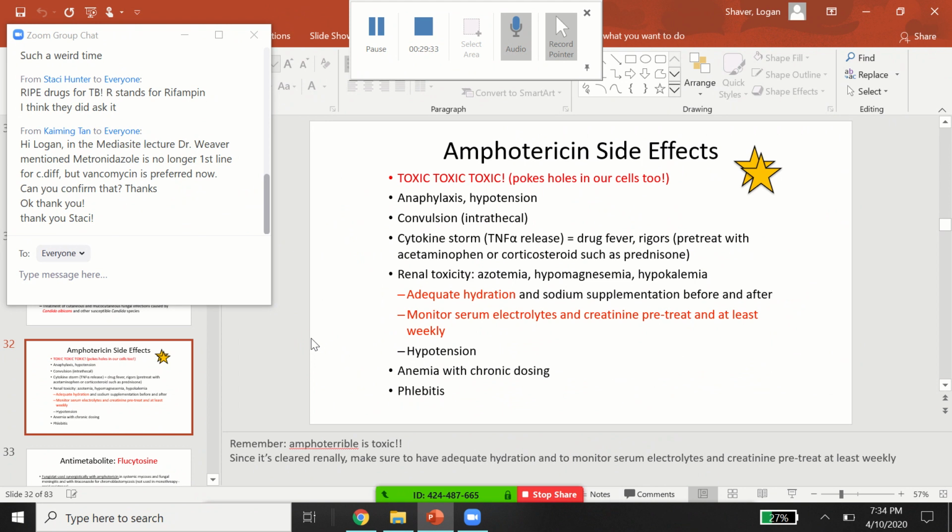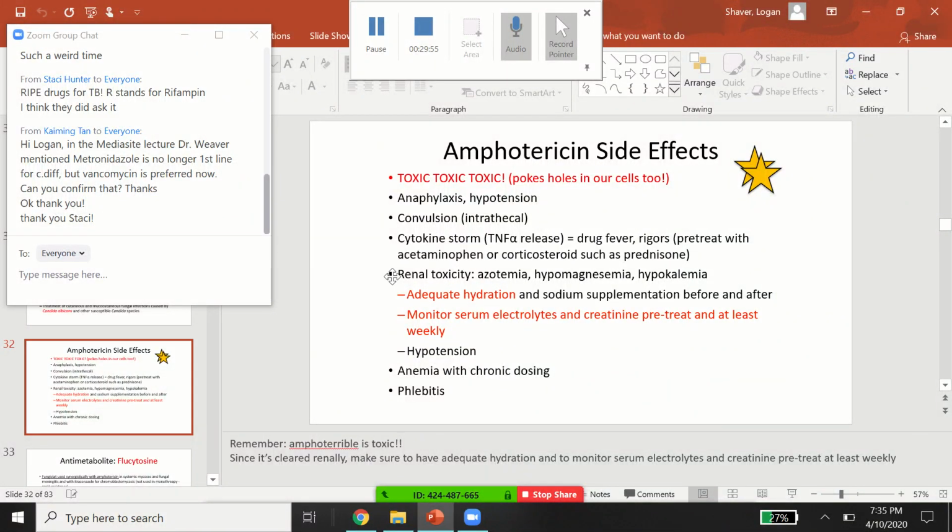Like I said, it's very toxic because it leads to perforation of the cell membrane, since it just keeps poking holes in it. Along with that, it has renal toxicity because it's cleared renally, so if it's toxic there, it's going to be toxic there as well. Toxic here, toxic there, right?